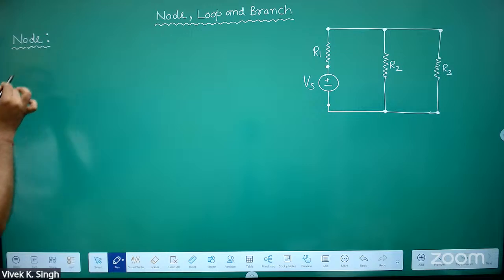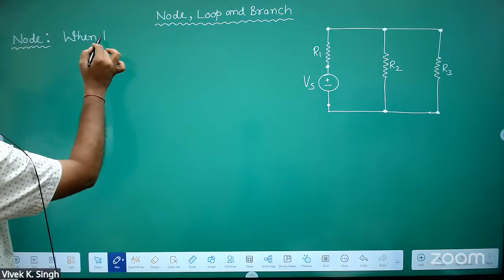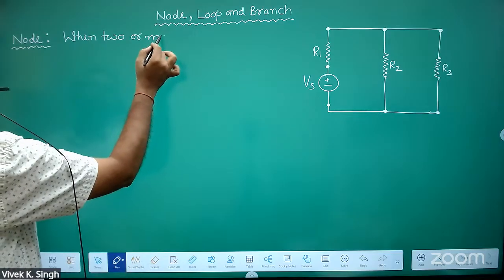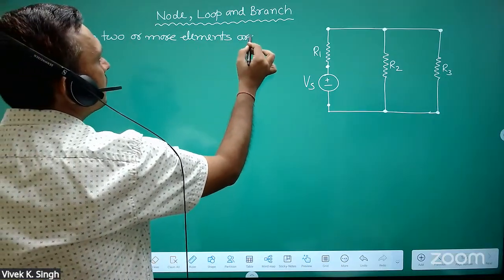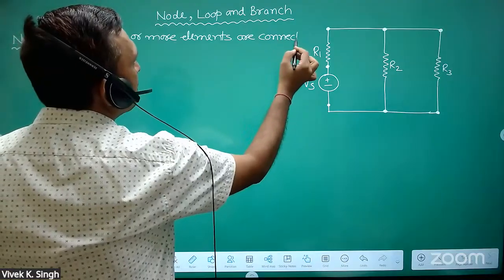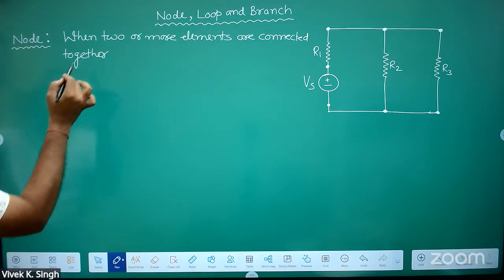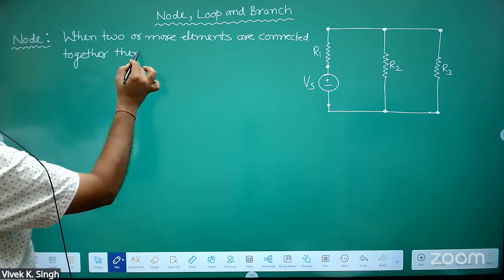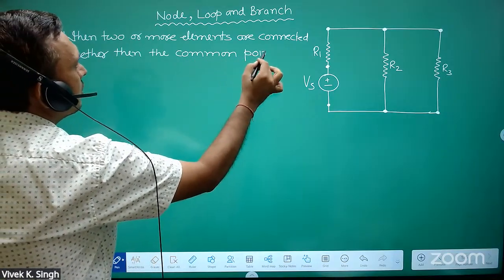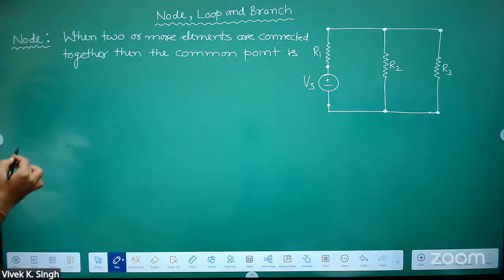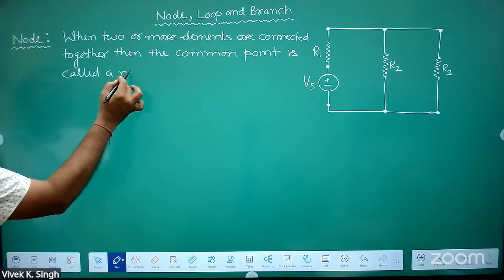When two or more elements are connected together, then the common point is called a node.